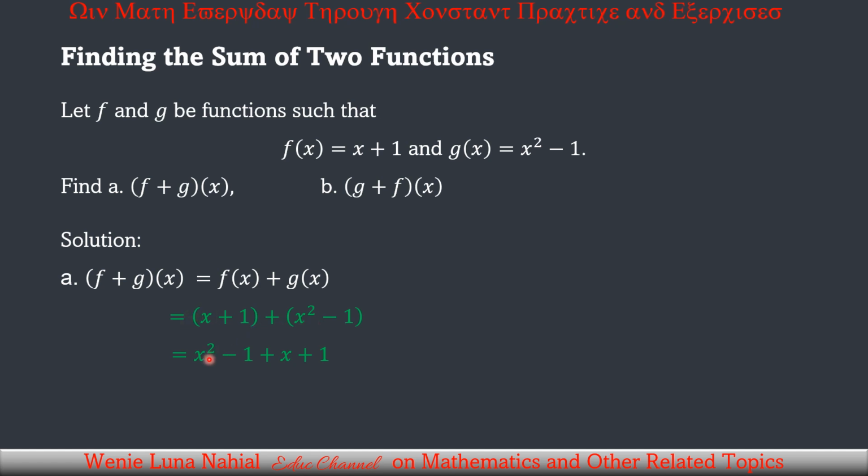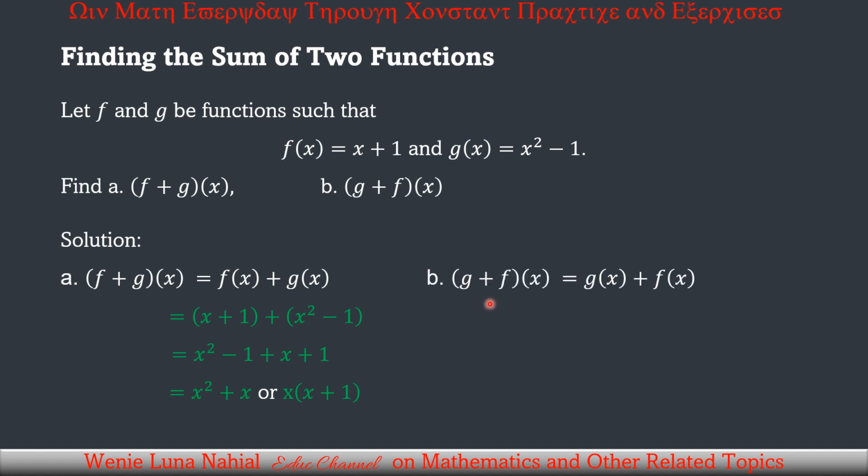So you have x squared minus 1 plus x plus 1. Minus 1 plus 1 is equal to 0. So what remains is x squared plus x, or x times the quantity x plus 1. So this is the sum of functions f and g at x.